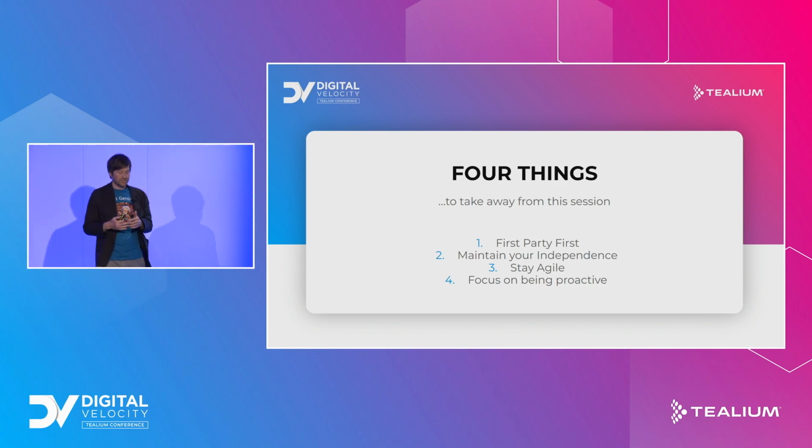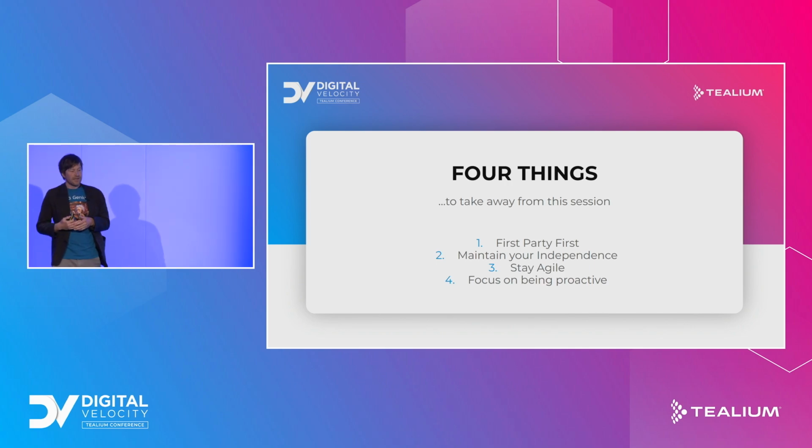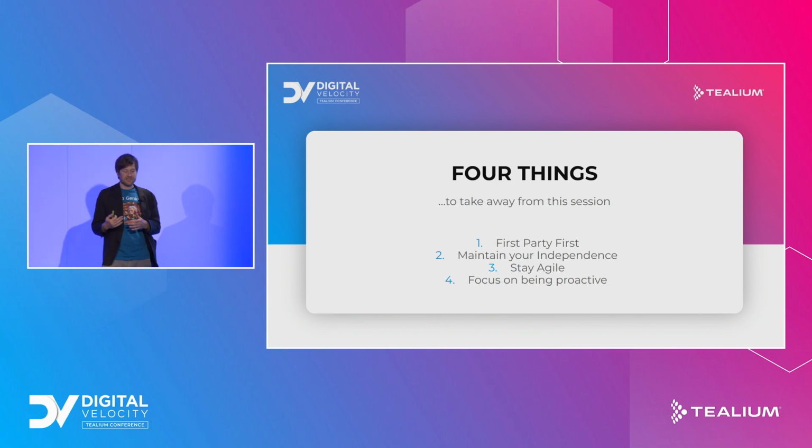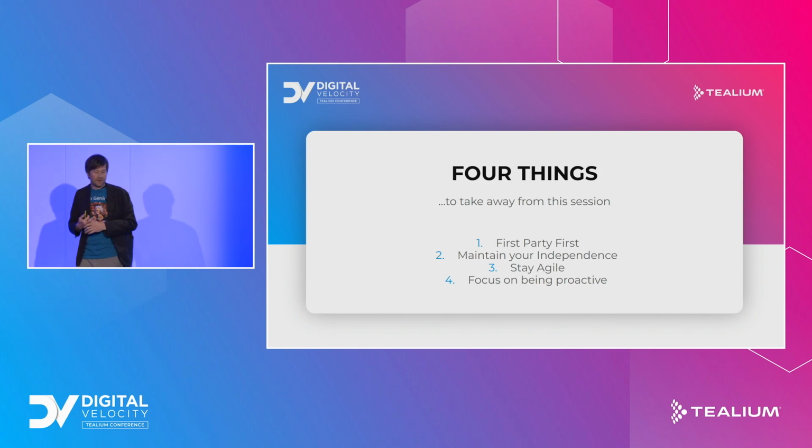And you can only achieve that really with staying agile, right? So the platform should be very easy to use so that you achieve a high adoption rate, right? This brings value. And then, of course, focusing on being proactive. Yeah? So you need to be enabled to act on the latest trends, right? Either if it's a new solution, either if it's whatever updated browser restrictions or any privacy restrictions.